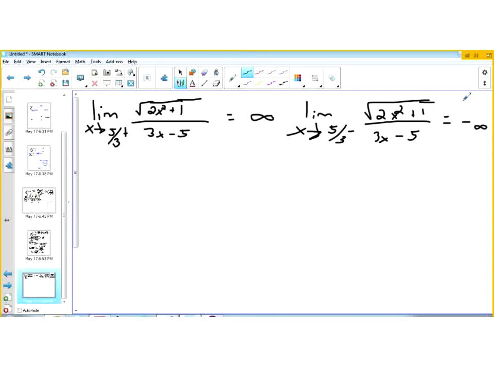So now we know how to draw the graph of the function around the vertical asymptote x equals 5/3. So knowing these three asymptotes, we have a pretty good idea as to how to sketch the graph, and I'll show it right here. Of course, there are other properties of the graph that are important, but we don't have enough machinery yet to actually understand the complete shape of the graph. But I'll give you the general idea, just using asymptotes alone, of what the sketch would look like. So let me paste it into the smartboard.